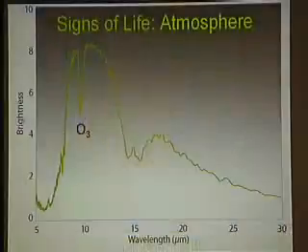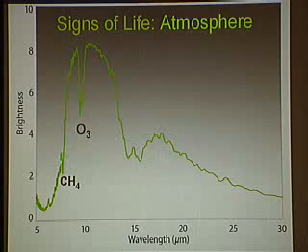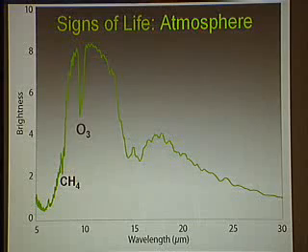So what we're actually seeing there is ozone. And down here, much harder to see, methane. Okay, so as I said, oxygen and methane together are a sign of life. But it turns out that ozone is produced from oxygen. And if you see a lot of ozone, chances are you have a lot of oxygen. And so that's also a proxy for life. And this feature over here, that's good old carbon dioxide.